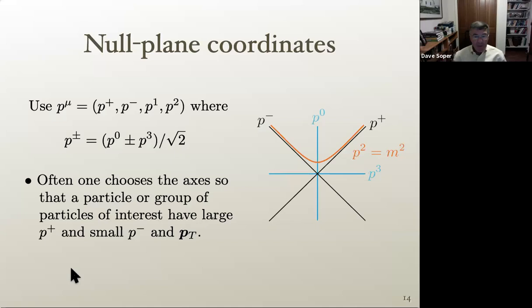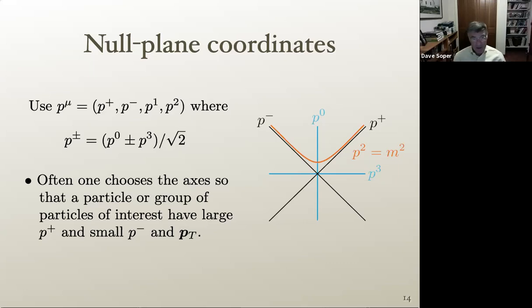So let me talk now about just a technical matter, light-cone coordinates. It's a very convenient way to do kinematics. So if I have a particle with momentum p, I can take the components of p to be p plus, p minus, p1, p2, where in the coordinate system that I'm using, p plus is (p0 plus p3) over square root of 2.